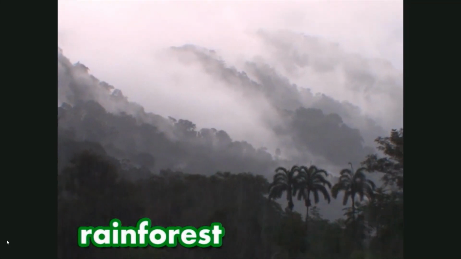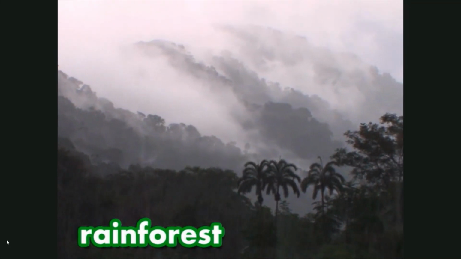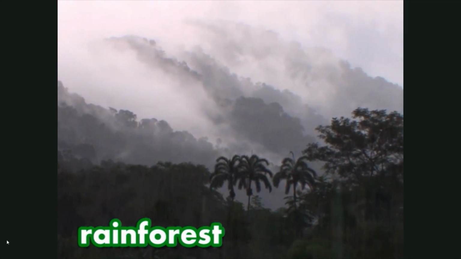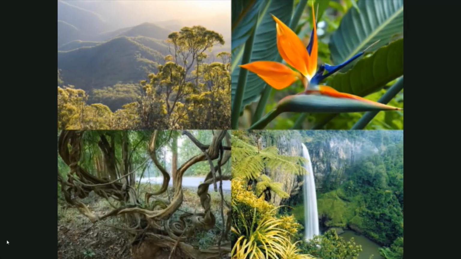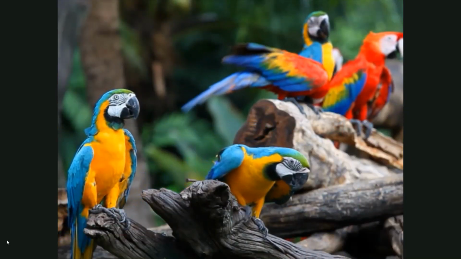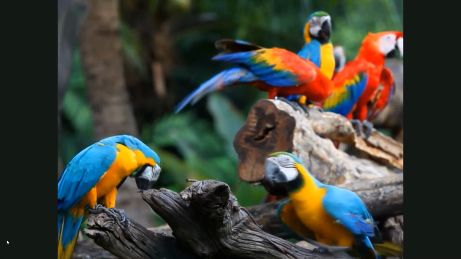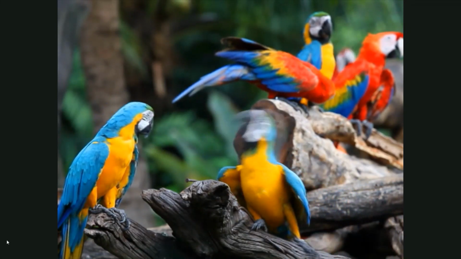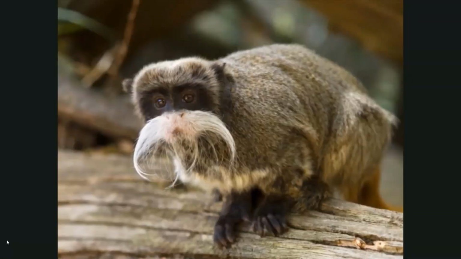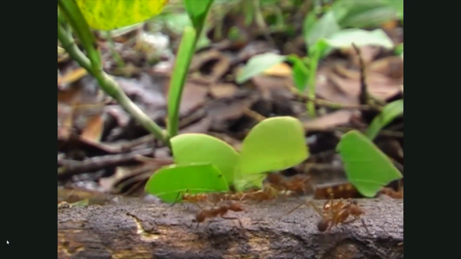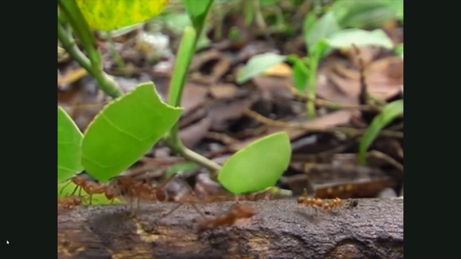Finding water is not a problem in the rainforest. It rains a lot here. This habitat is full of trees, flowers, vines, and other plants. The rainforest is also full of animals. Birds, frogs, monkeys, and insects live here.